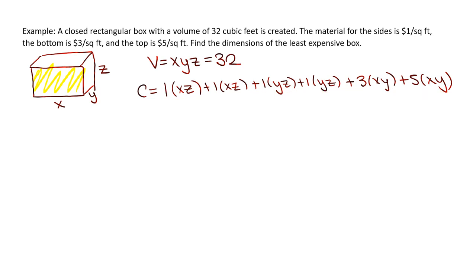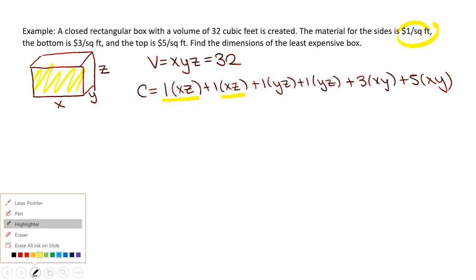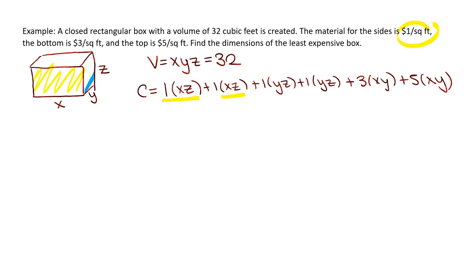Those sides have a cost of $1 per square foot. So 1 times xz plus 1 times xz. And then we've got this side that's y by z. And then there's another one that you can't see over there. So 1 times yz plus 1 times yz. And then the bottom, which we can't really see down here, is x times y. That costs $3 per square foot.